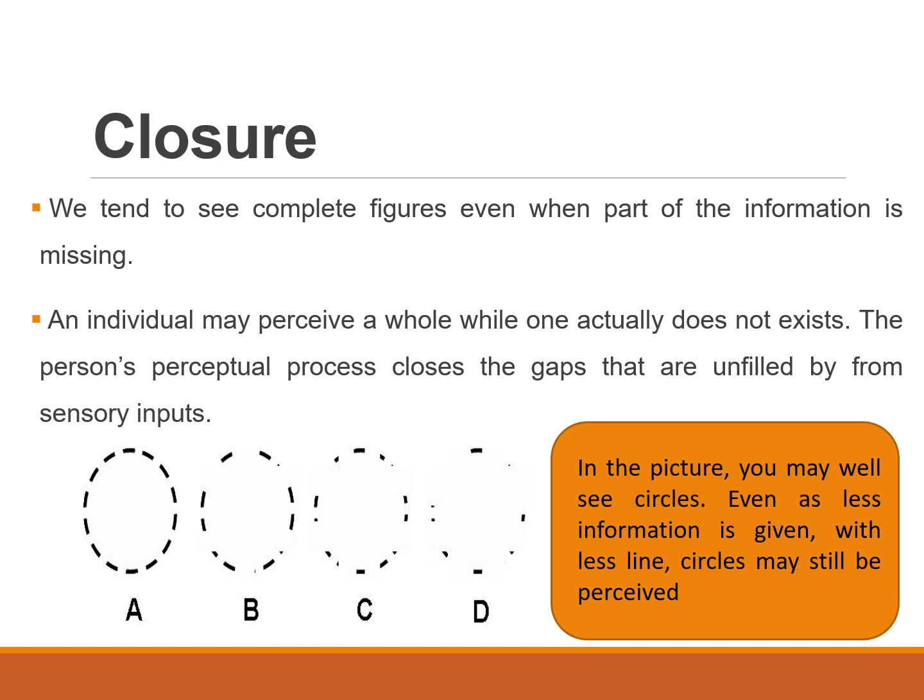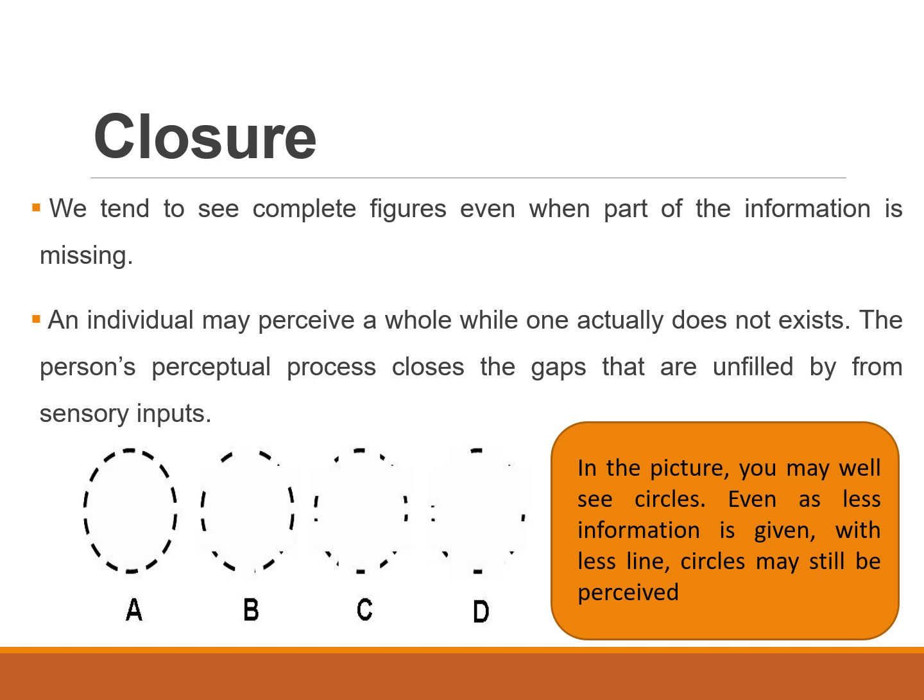The first one is closure. We tend to see complete figures even when part of the information is missing. That means we always try to close the gaps left unfilled by the sensory inputs. In this picture, you may well see circles.